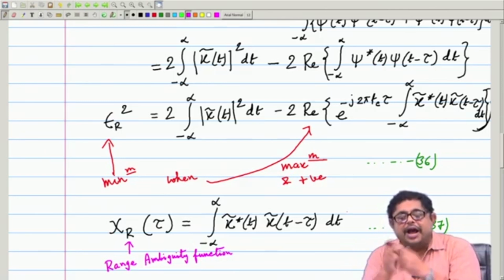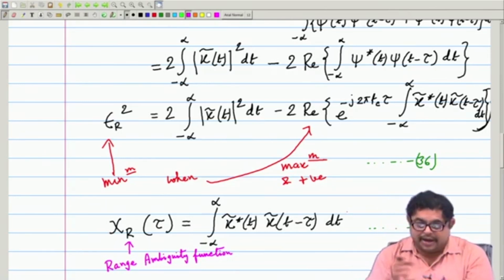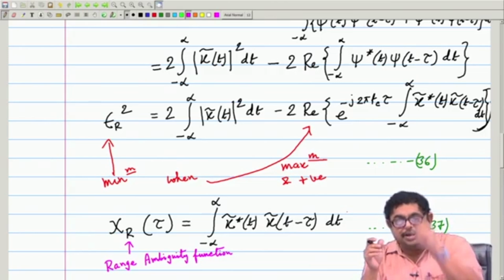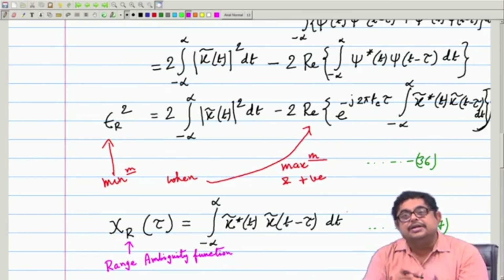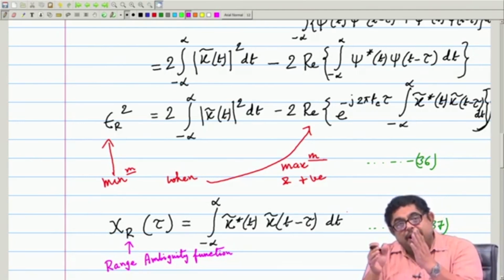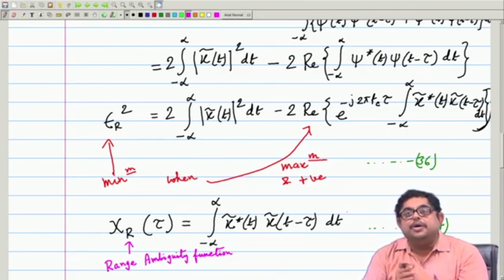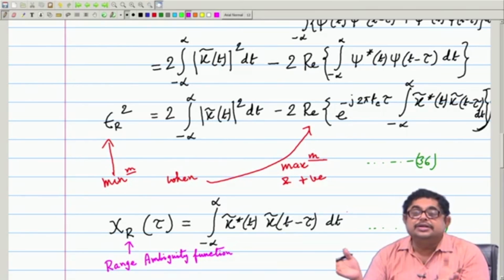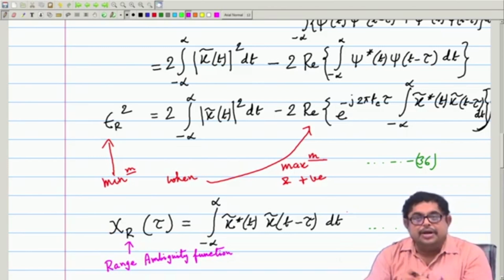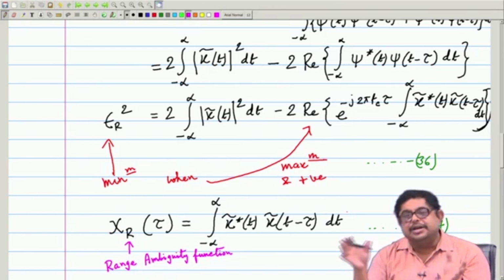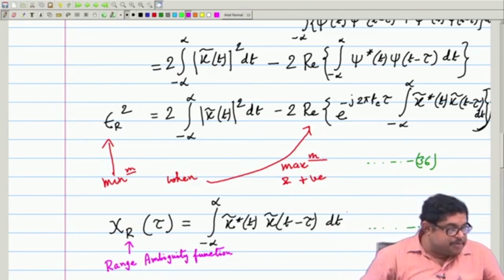So, if that is high, then we will say that is from the same target. That means the peak in this ambiguity function tells us that there is only one target, whereas if I get a very small value of this correlation, I say there are two distinct targets. So, it helps to do that, that is why it is the range ambiguity function. Later we will understand it more, but now the name is this.